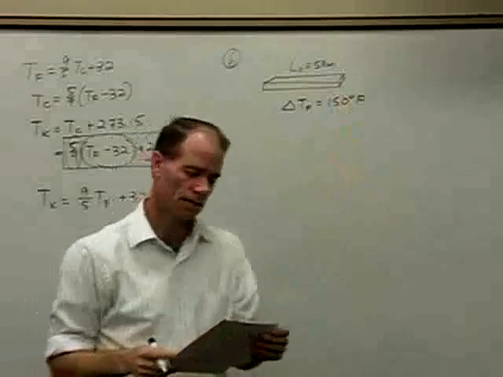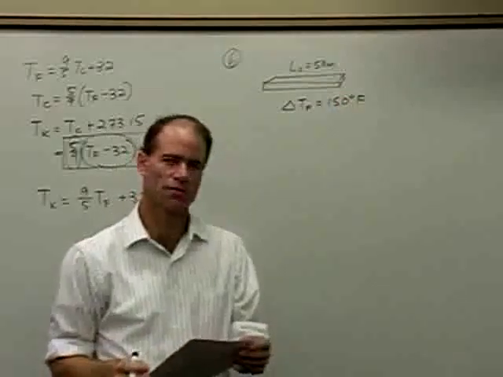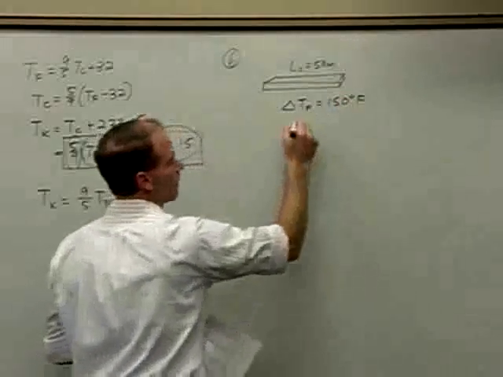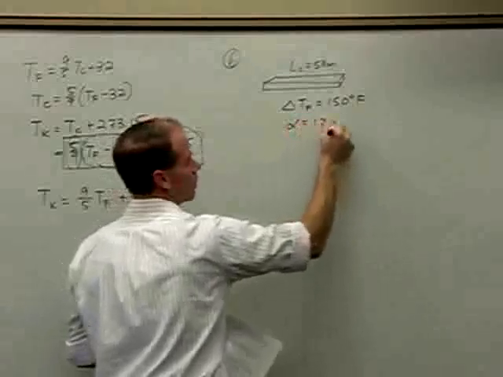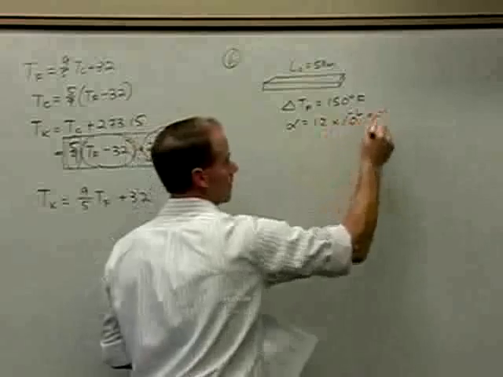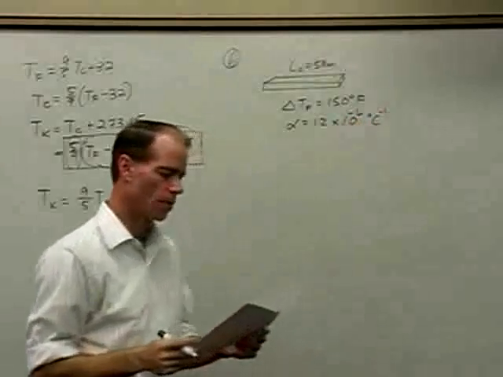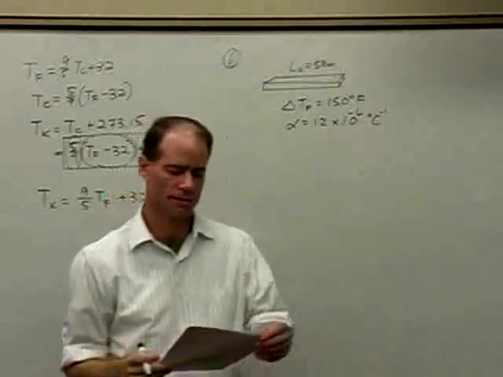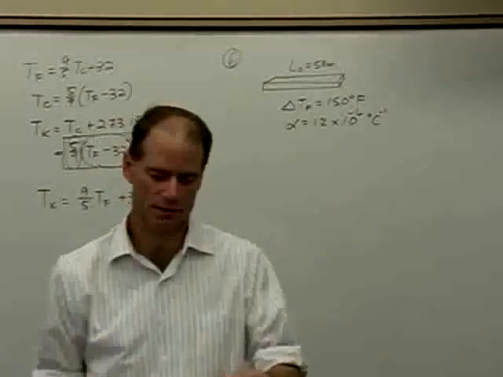And we were given that the linear expansion coefficient was 12 times 10 to the minus 6 per degree Celsius. And we want to find how much spacing we need to allow for expansion.